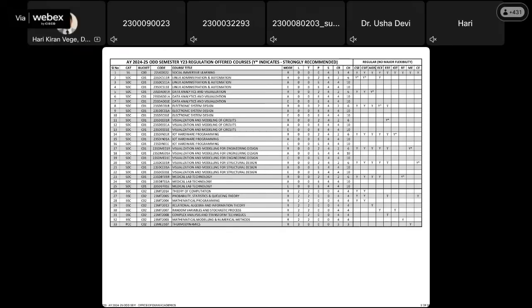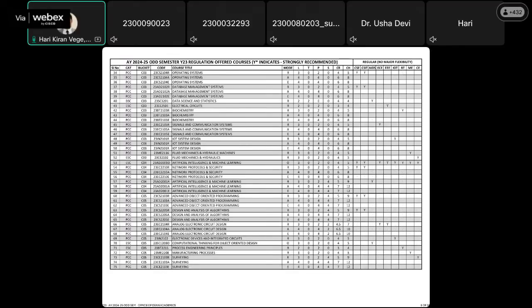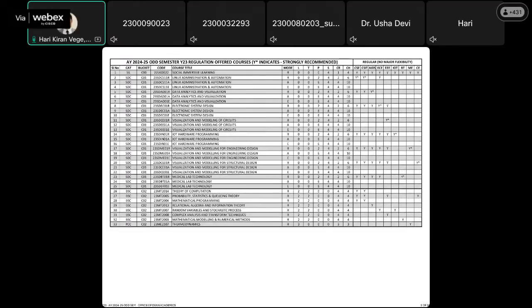Right. So let us try to understand the recommendations. Let us start with a regular student. If I'm a regular student, I have page number 2, 3, 4, where all my buckets from C0 to C8 are available, right? So how do I look at the courses and how do I choose them?